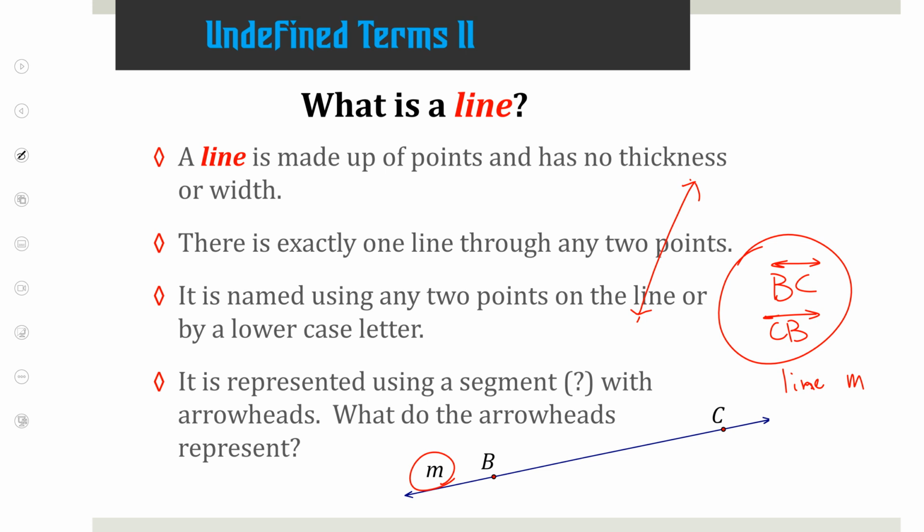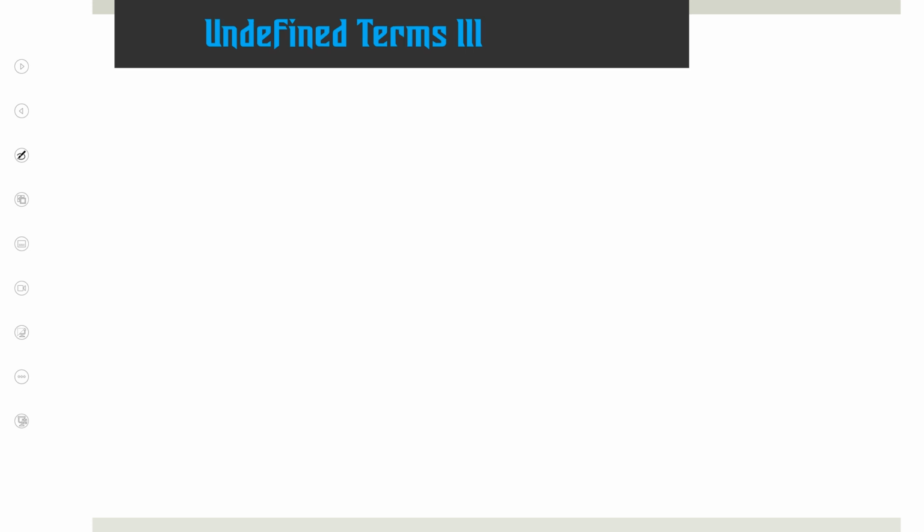Now we're going to stretch it in the other direction, adding more points to it and more points to it. So if I take that line and I stretch it this way, we're going to get our third term, which is called a plane. So think of a plane as being an infinitely large piece of paper.